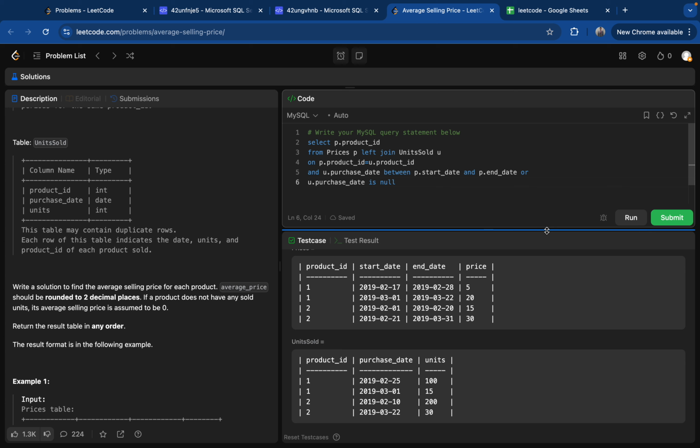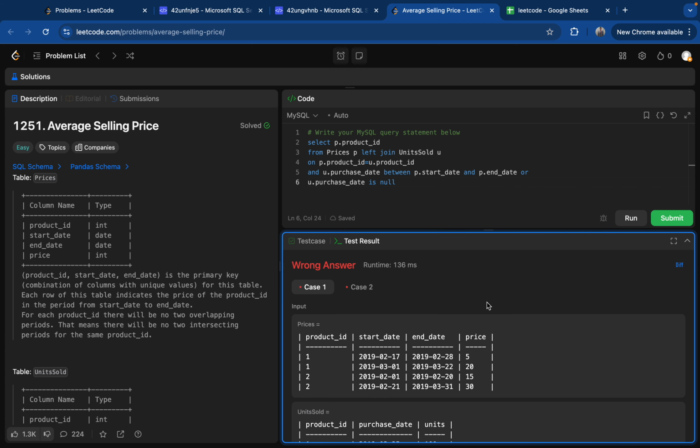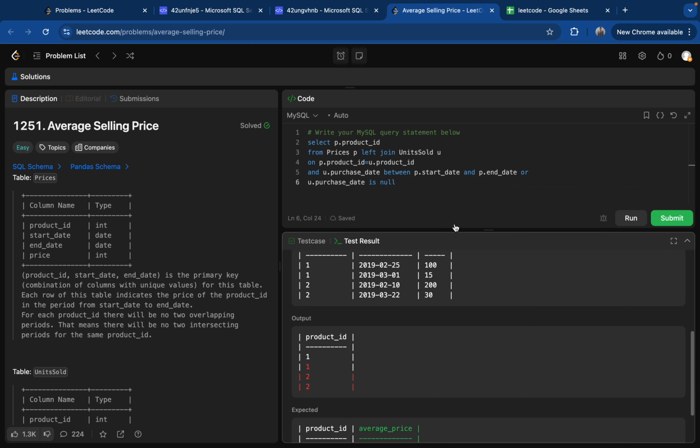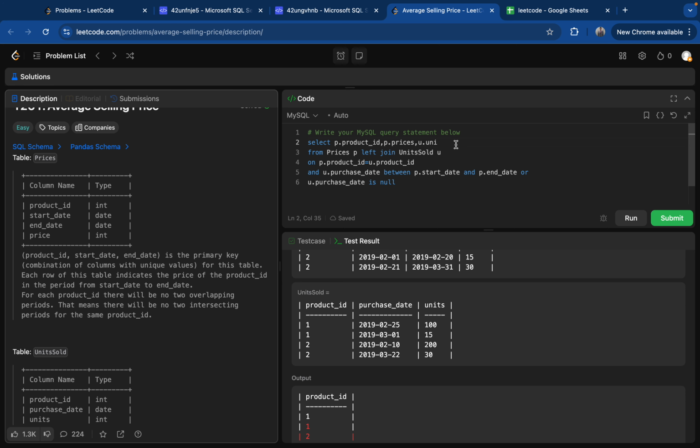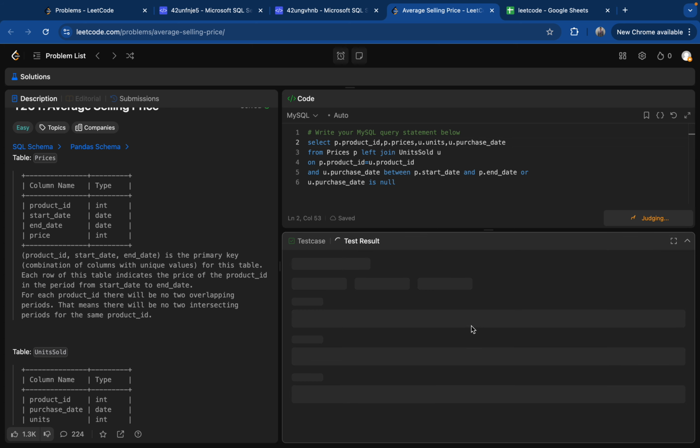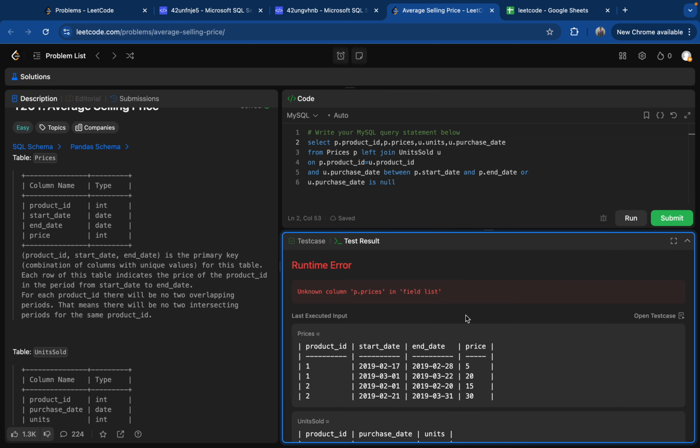Let's see if we are getting anything. Okay, let's put a few more columns: P.price, U.units and U.purchase_date, so that we'll be able to get more familiar with the table.